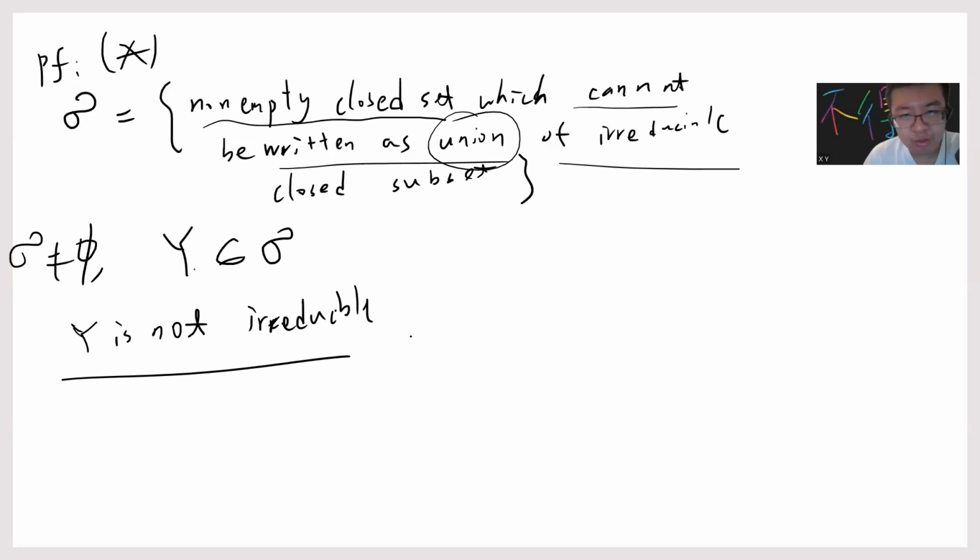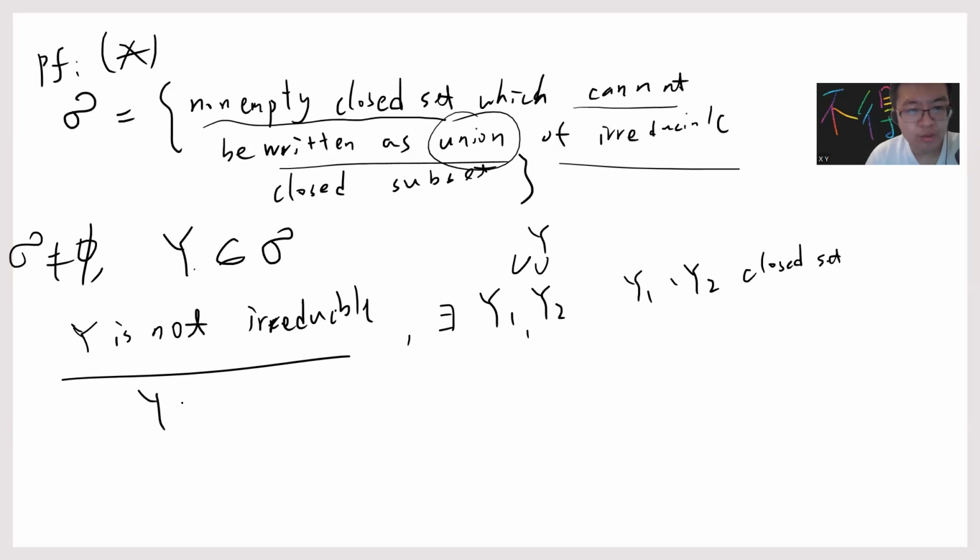So Y is not irreducible, and basically there are Y1 and Y2, both inside Y, and Y1 and Y2 are closed sets, such that Y is reducible, right?